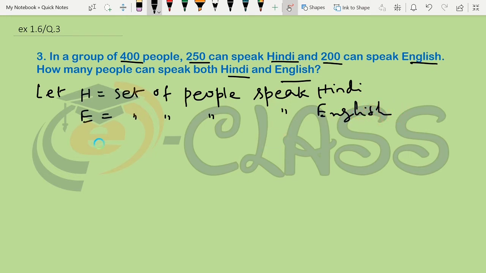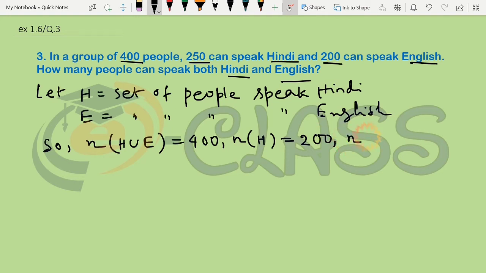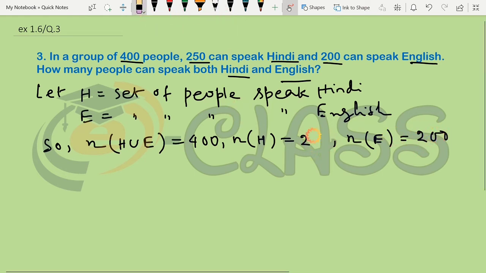We are given that the number of elements in H union E equals 400. Now the number of elements in H, that is Hindi, equals 200, and the number of elements in E, that is English, equals 200. Sorry, Hindi will be 250.